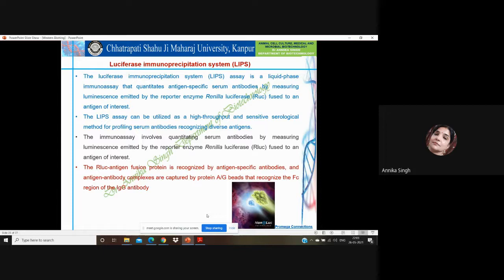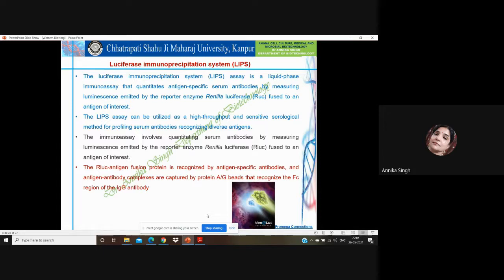And this luciferase immunoprecipitation assay system is actually a liquid phase immunoassay that quantitates antigen-specific serum antibodies by measuring luminescence emitted by the reporter enzyme Renilla luciferase, abbreviated as RLU.